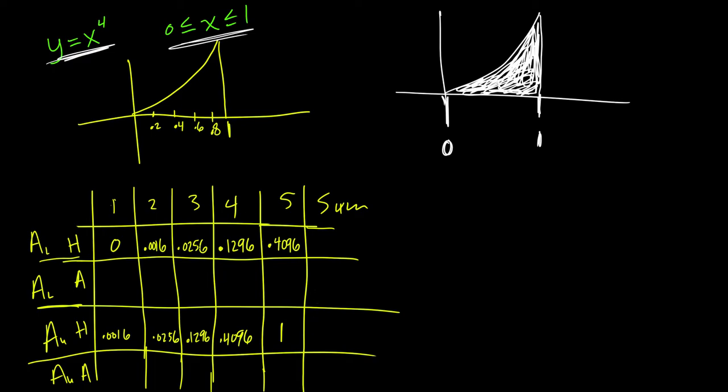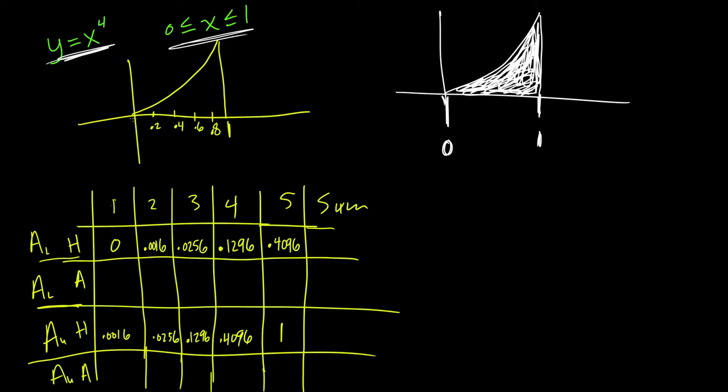Later in the class, we'll learn the real way to do this on a calculator. I can't think of a situation where you would do it this way, other than to understand it conceptually.